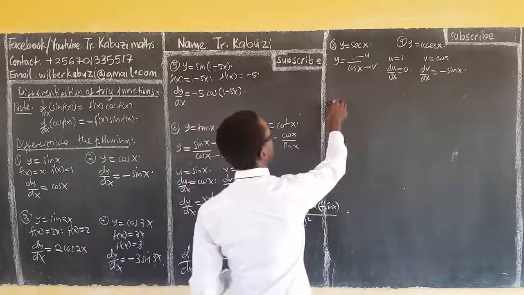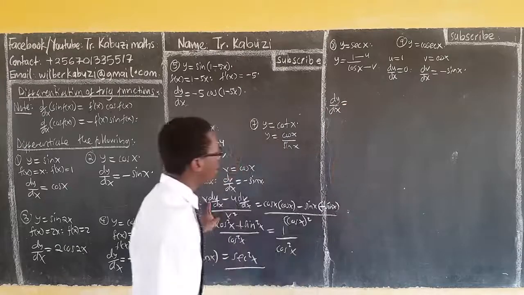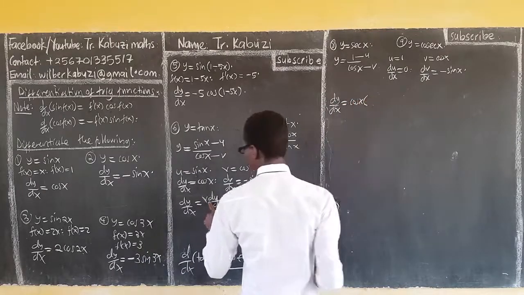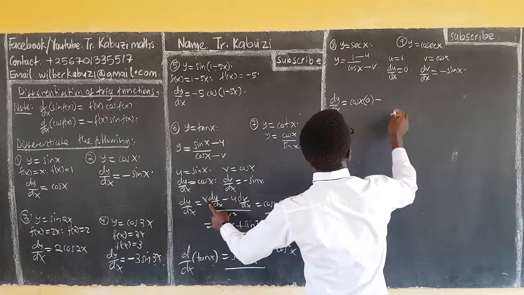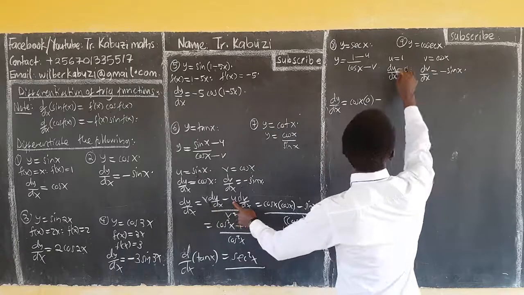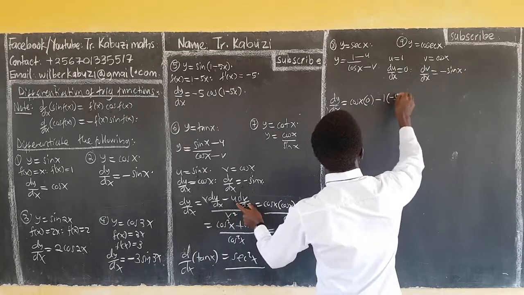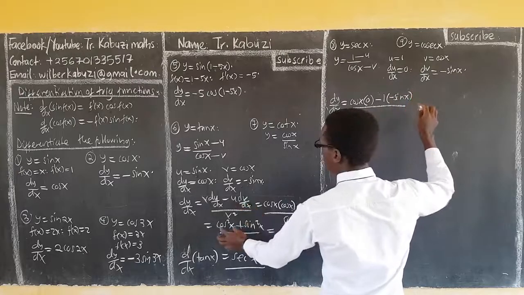So from there, my dy dx is going to be v, which is cos x, into du dx, which is 0, then minus u, which is 1, into dv dx, which is negative sin x, the whole over v squared.